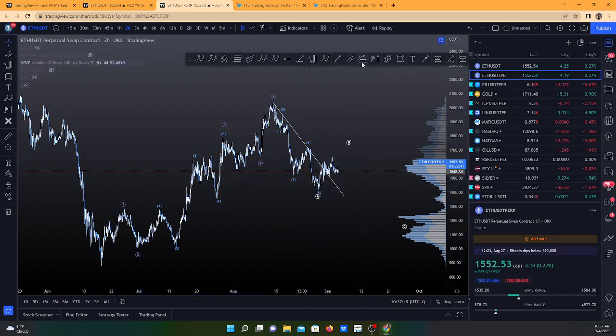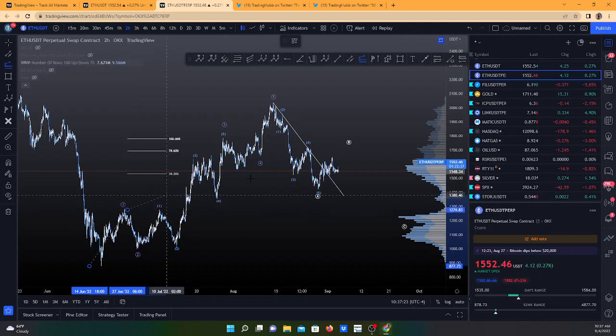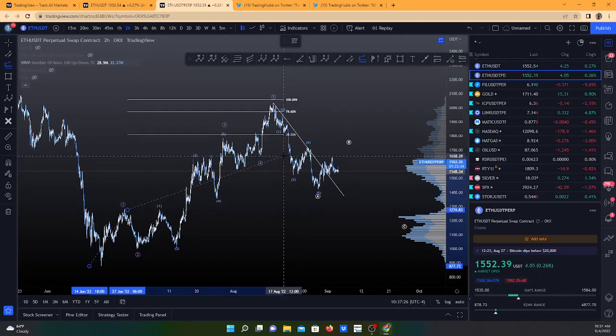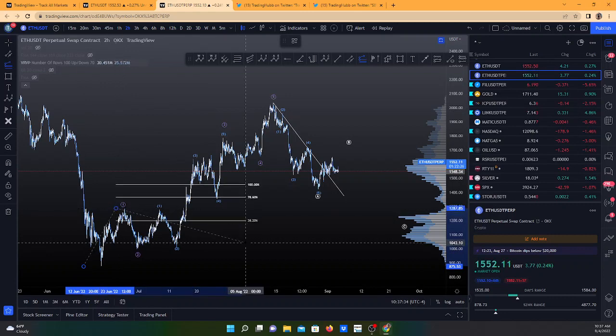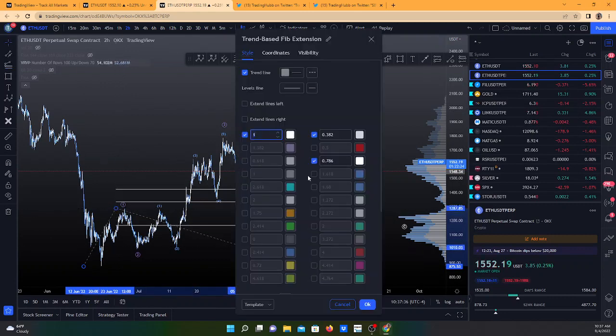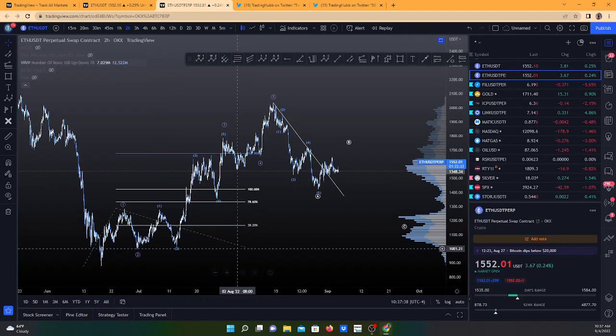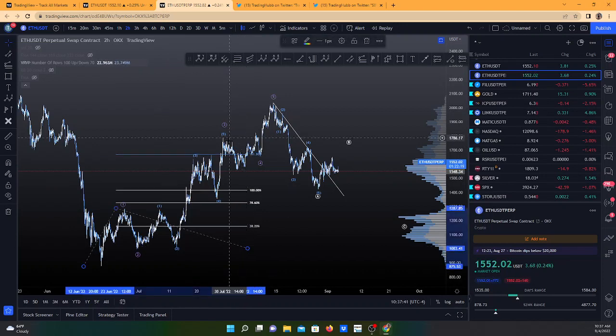And then another thing to look for in an impulse, the length of wave 1 projected from 4, you're normally looking for around a 1-to-1. Pretty damn close. I like that. Length of 3 projected from 2, we're looking for about a 1.618 or more. We get that.